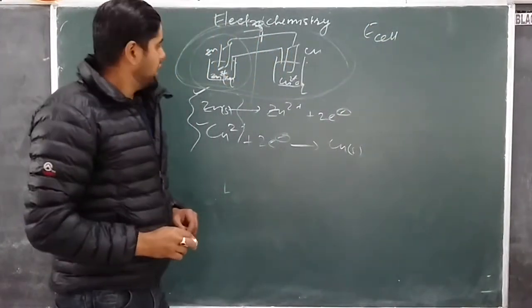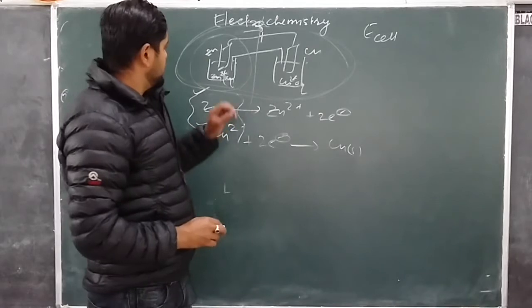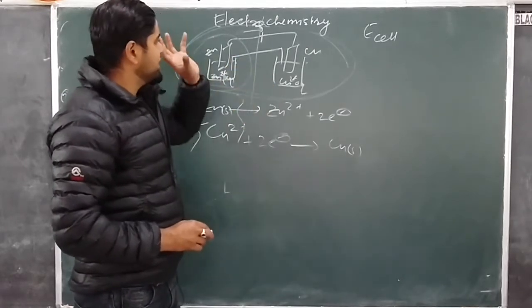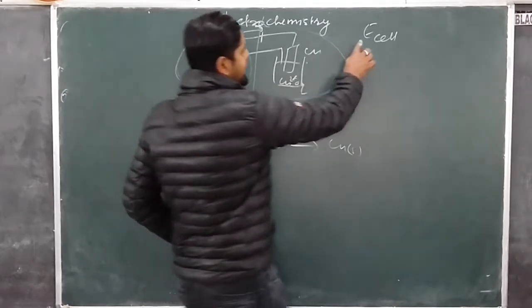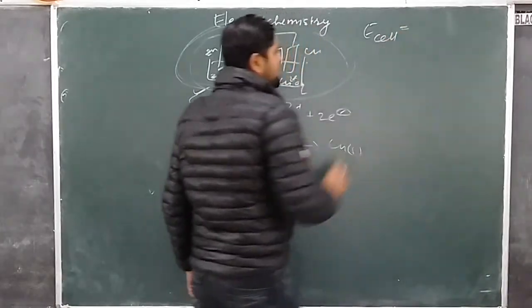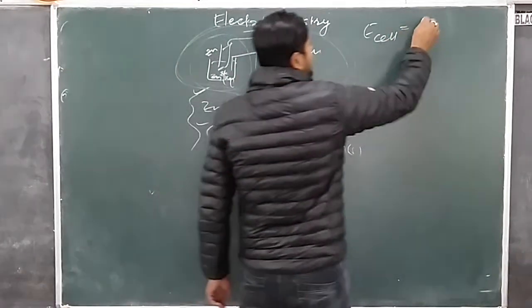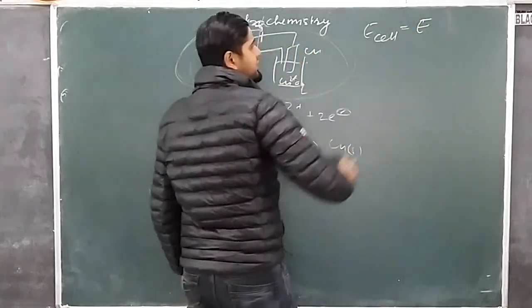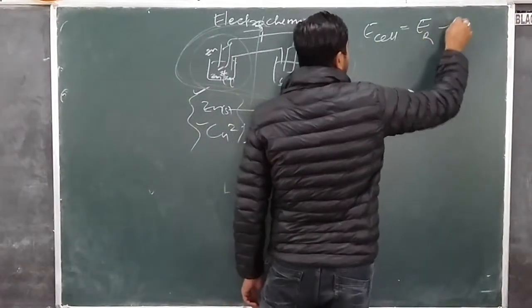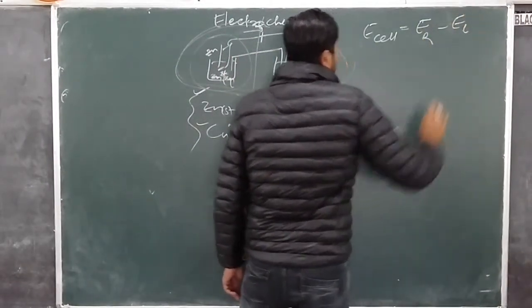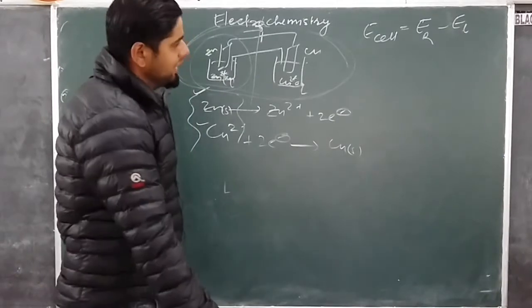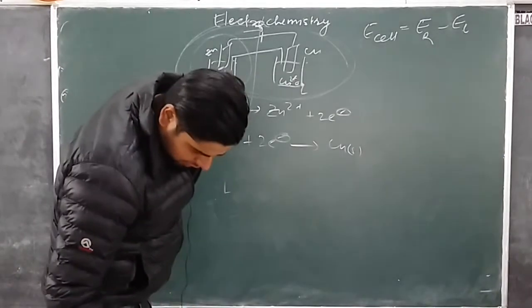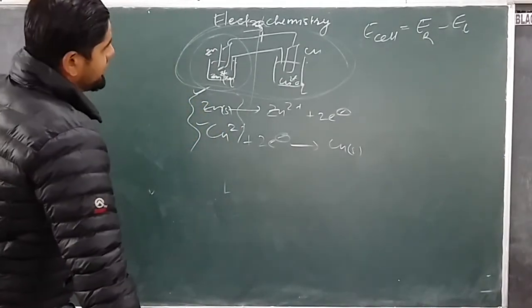If you say electrode potential or cell potential, then you have to write E cell. So E cell is always equal to the electrode potential of the right minus the electrode potential of the left, meaning the electrode potential of the cathode minus the electrode potential of the anode.